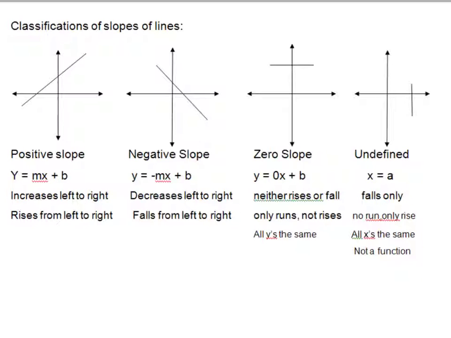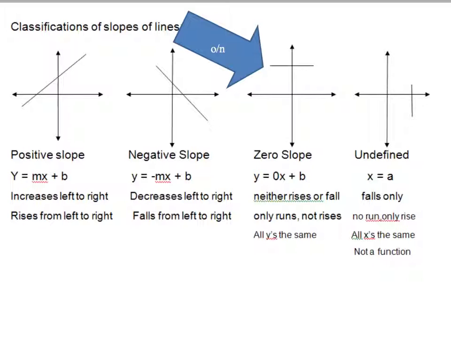Okay, so I'm going to give you some little pointers to help you remember the difference between a zero slope and an undefined slope. When you do your subtraction with your y2 minus y1 over x2 minus x1, and you get 0 divided by some number, if you look at that, it looks like the word on.